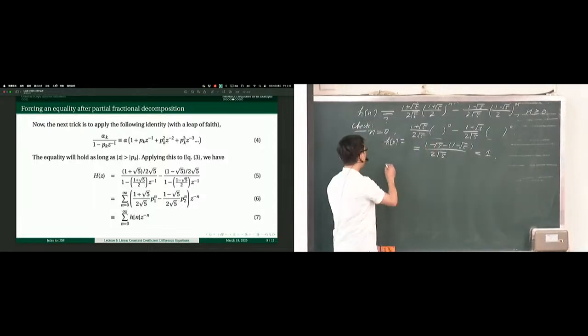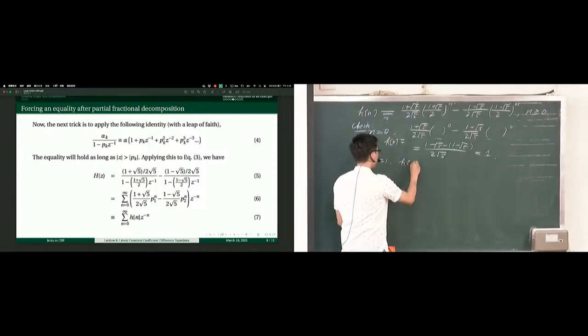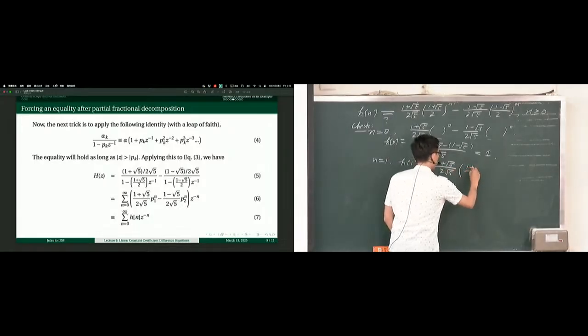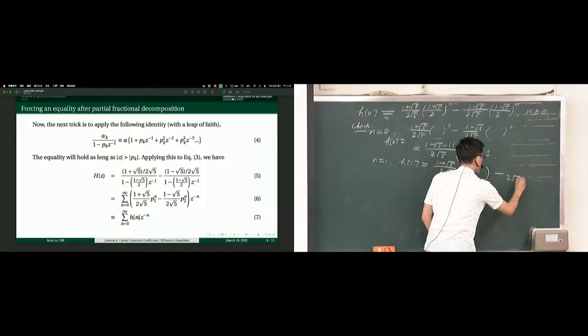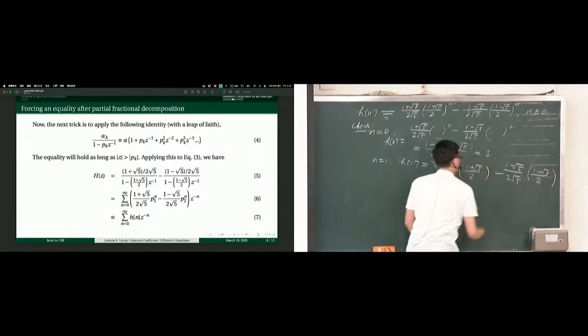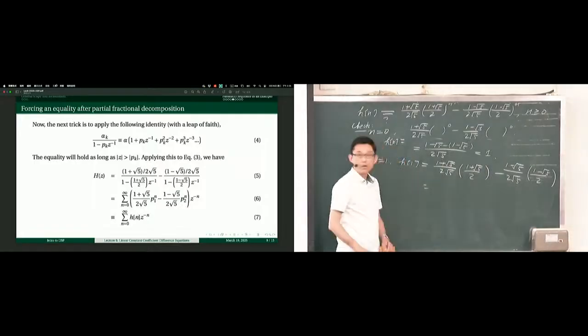And how about n equals 1? H1, seriously, we can check if it equals this. And now P1, that's where the tough part comes in. But you know what I mean. We can really check. So let's take a look.